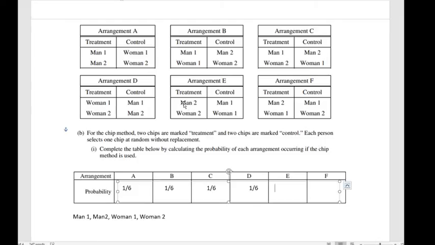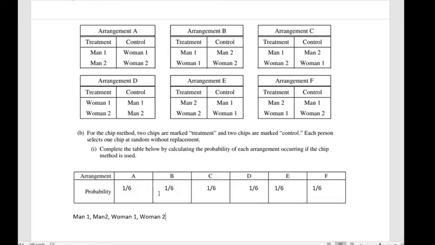That man 2 is assigned to the treatment, that is 2/3. And woman 1 being assigned here is 1/2. So again, 1/2 times 2/3 times 1/2 is going to make 1/6. And moving over to the last arrangement, 1/2 for man 1, 2/3 for man 2, and 1/2 for woman 1. So that's going to be another 1/6.